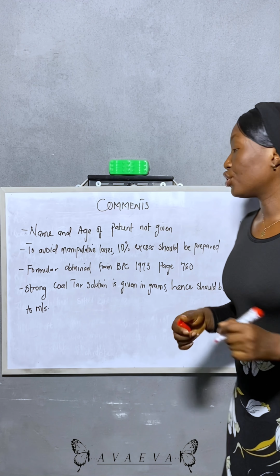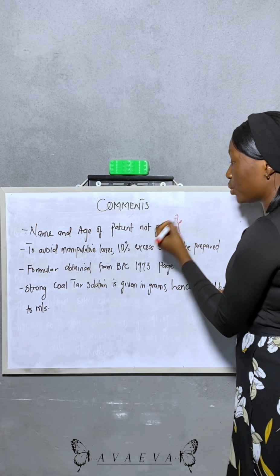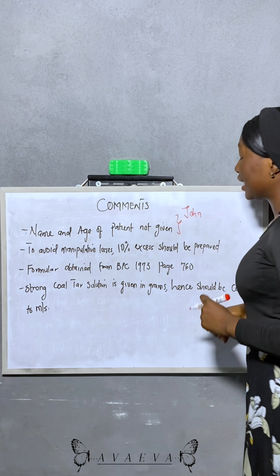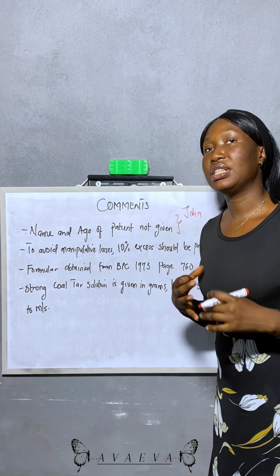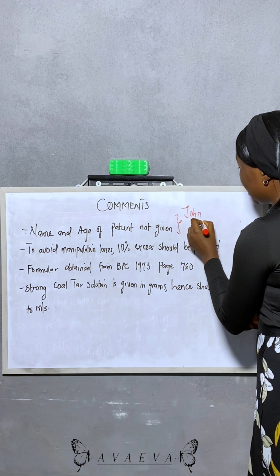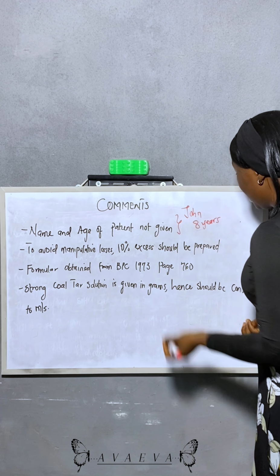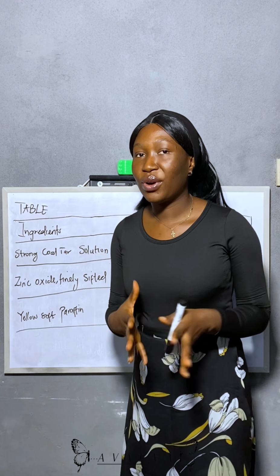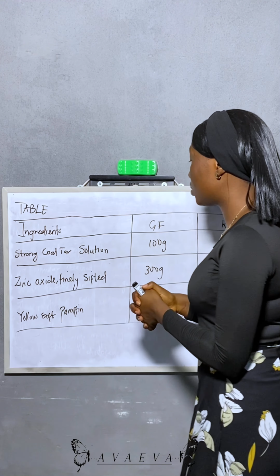Now the lecturer will just go ahead and give you a name. So here we use John, and like I said, external preparations don't really matter if it's an adult or a child, but let's say we're going with 8 years. And then here you just have this as okay. Now for our table, this is what we have.